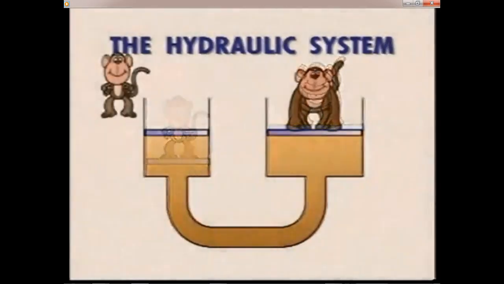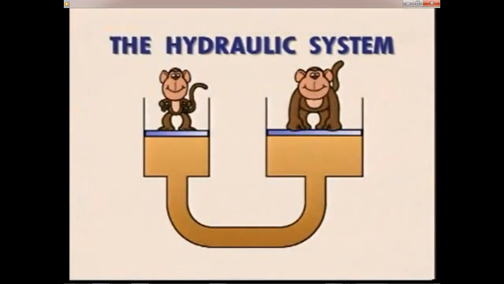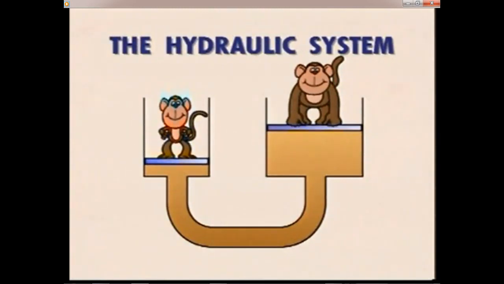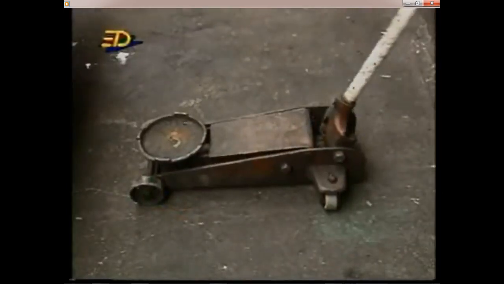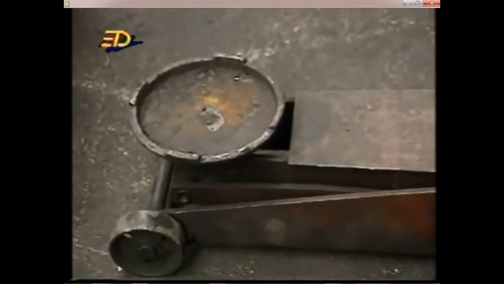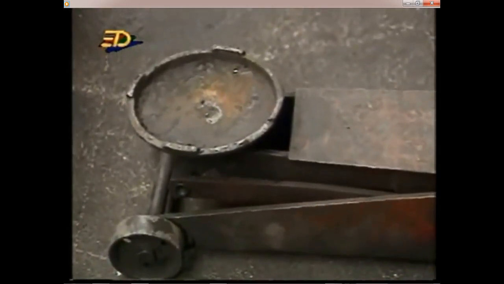Do also notice that the small piston has to move a larger distance than the large piston. In most cases, oil is used as the hydraulic liquid, as it can lubricate the moving parts of the machine as well. The hydraulic principle is used in many devices, like the hydraulic jack used for tilting cars at the service station.